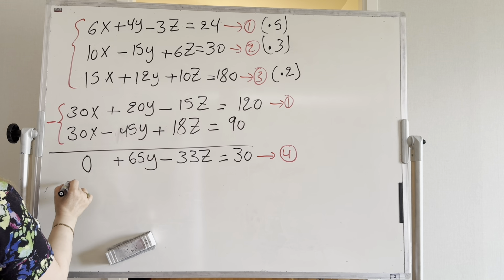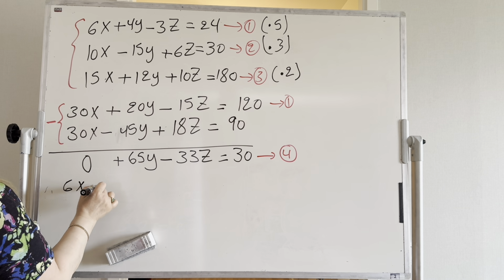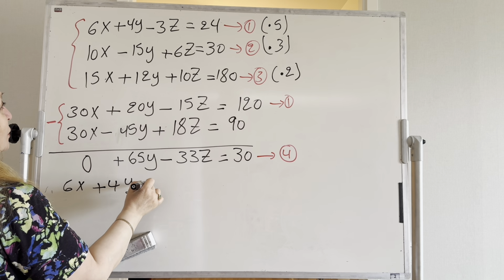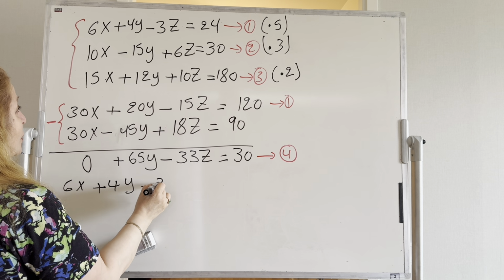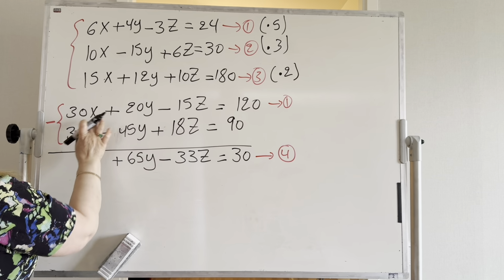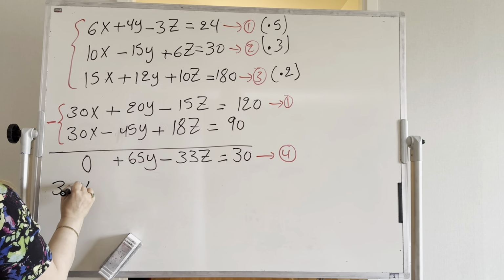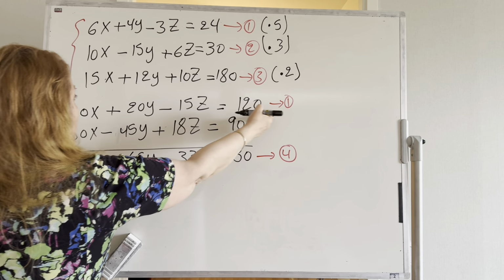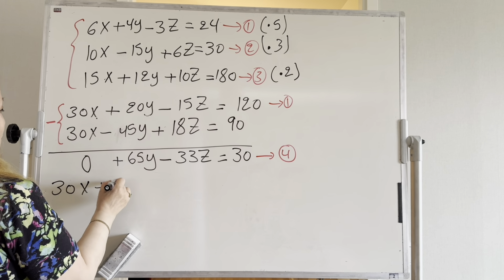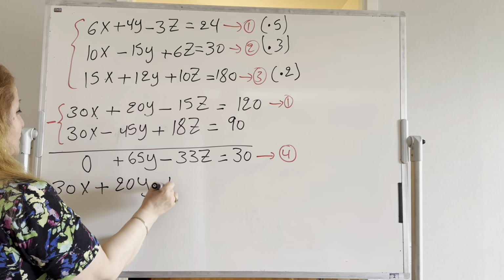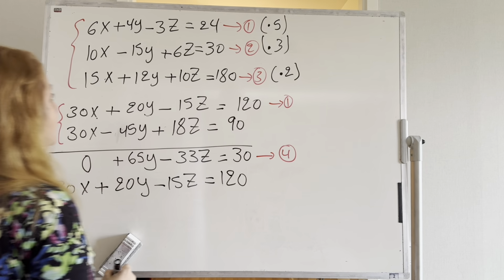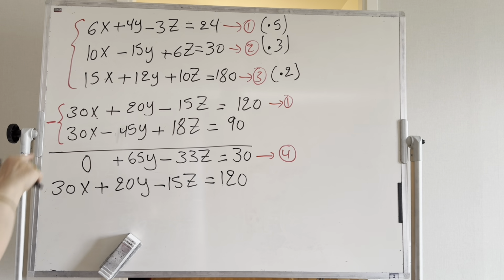My first equation, 6x plus 4y minus 3z, here 30x, here the first equation after I multiply it with 5, plus 20y minus 15z equal 120. Then I will take the third.